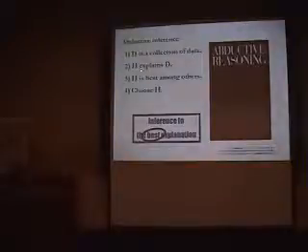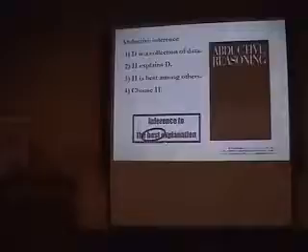Now, abductive inference has a four-stage procedure. First, D is a collection of data. Second, H explains D. Third, H is the best among other alternative hypotheses. Then choose H. So abductive inference is the inference to the best explanation.